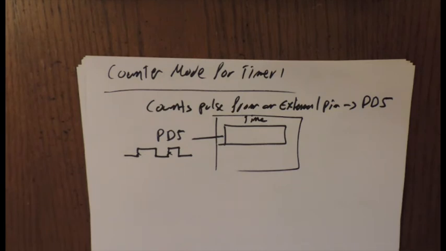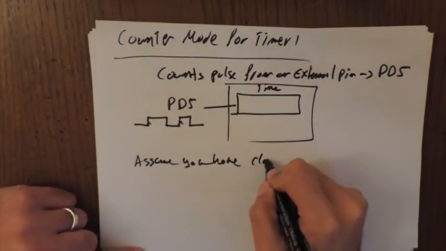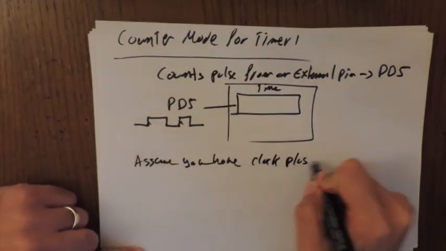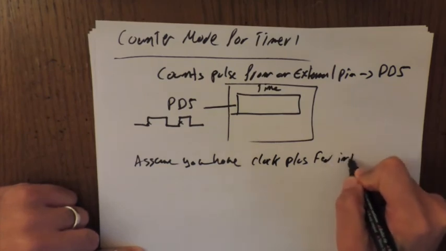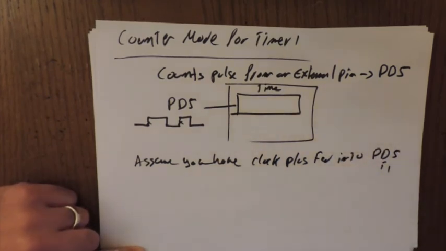It can also be used with sensors. If I have an IR sensor, an infrared sensor, every time you cut the light, you increment the value of timer 1. So to go through it, assume you have a clock pulse fed into PD5, which is T1.